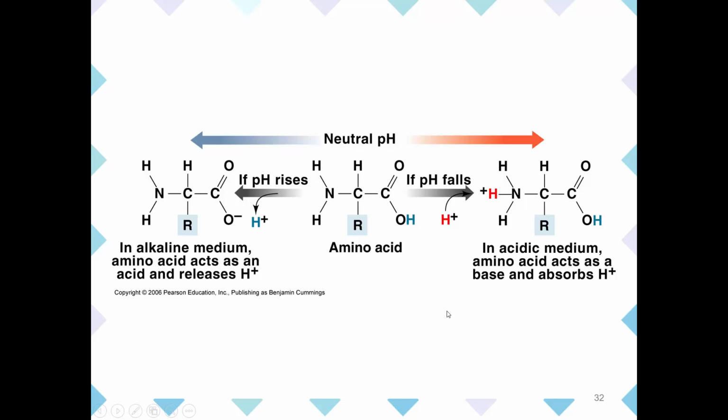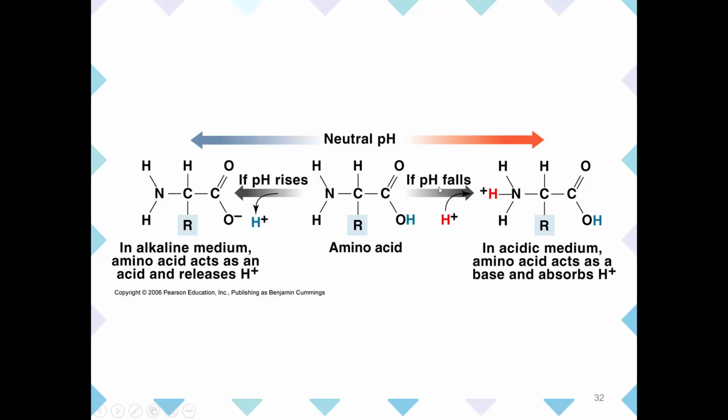So here they're saying if pH falls, and while they've kept all this in red, in the previous figure, red and acidic and lower pH went that way. In this figure, pH falls and acidic go this way. So you have to be sure and read the figure carefully.